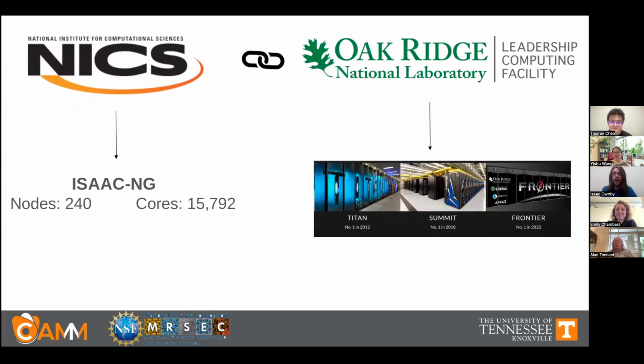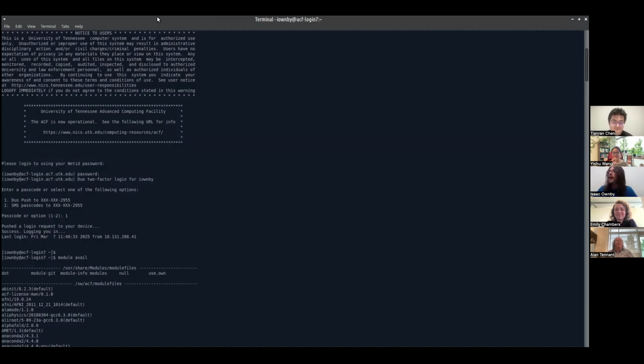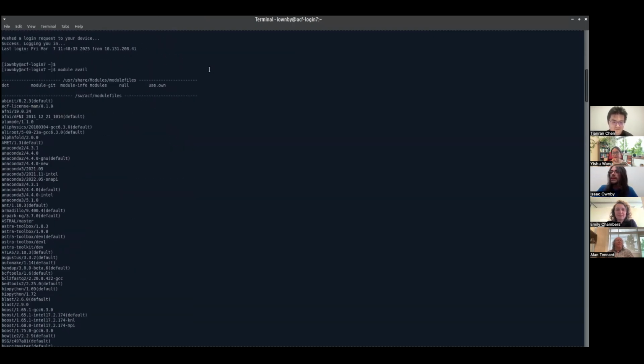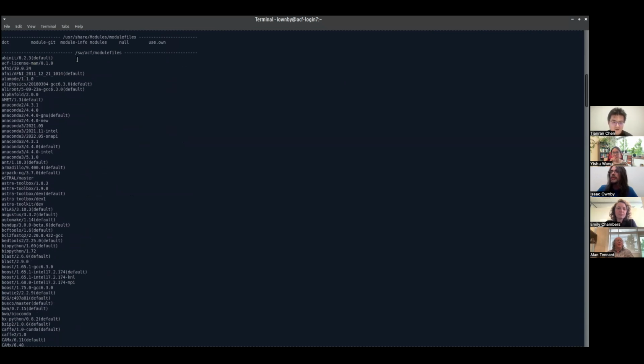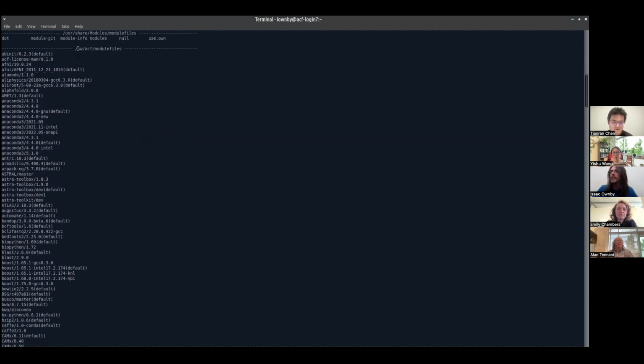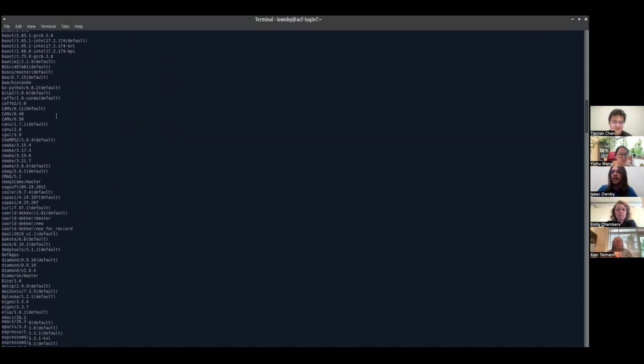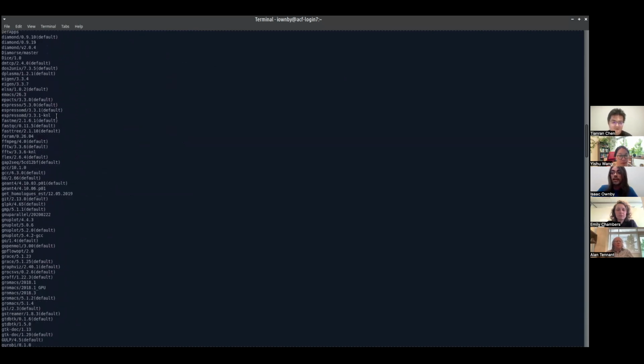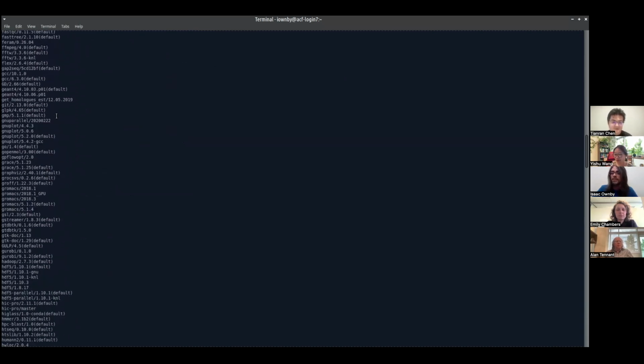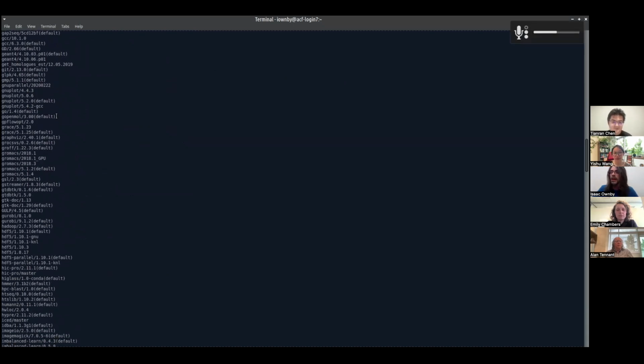Top tier hardware. I have my terminal open with the cluster at UT logged in, and I've just listed all of the available modules that you could potentially call in to your particular account, I guess you could call it.